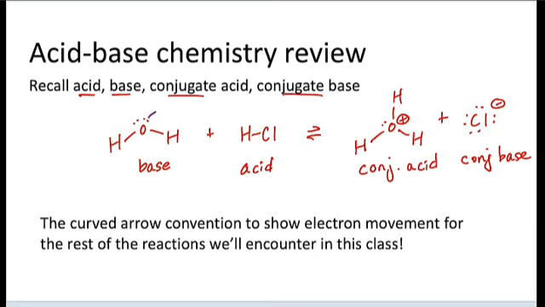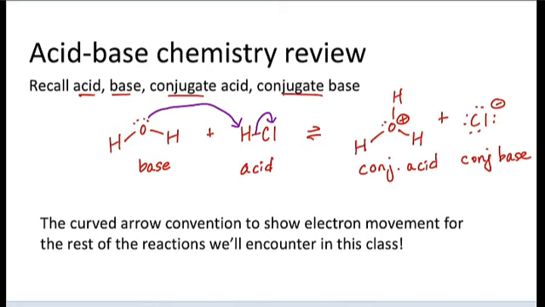I'm going to choose one of the two lone pairs sitting on oxygen, and that lone pair of electrons is going to be used to form a bond to the hydrogen of HCl. Okay, that's how water picks up that proton. The bond between H and Cl breaks then and gives a lone pair of electrons to chlorine, generating the chloride anion.